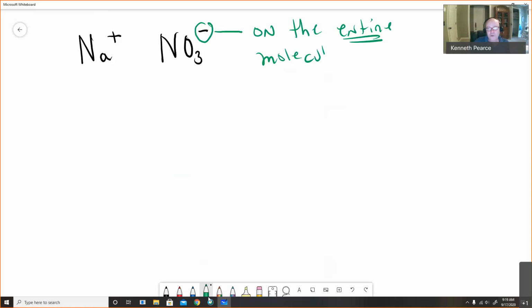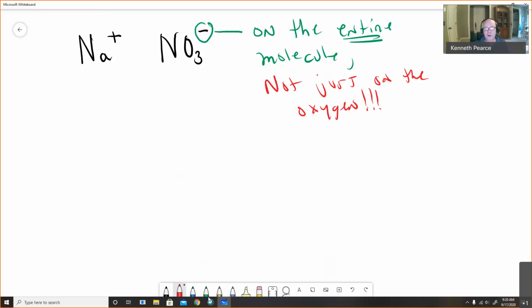It's not just on the oxygen. And that's important, because we're trying to get the charges to balance. We're trying to get the charges to add up to 0. It's on the entire molecule.